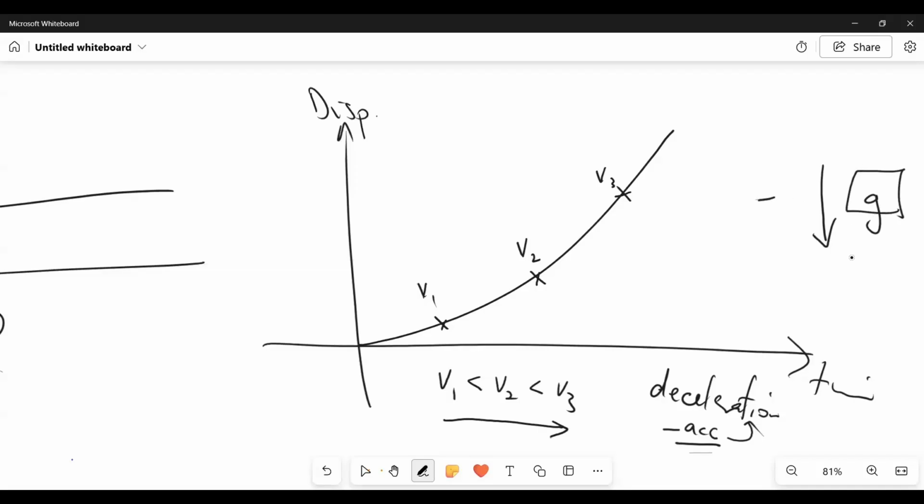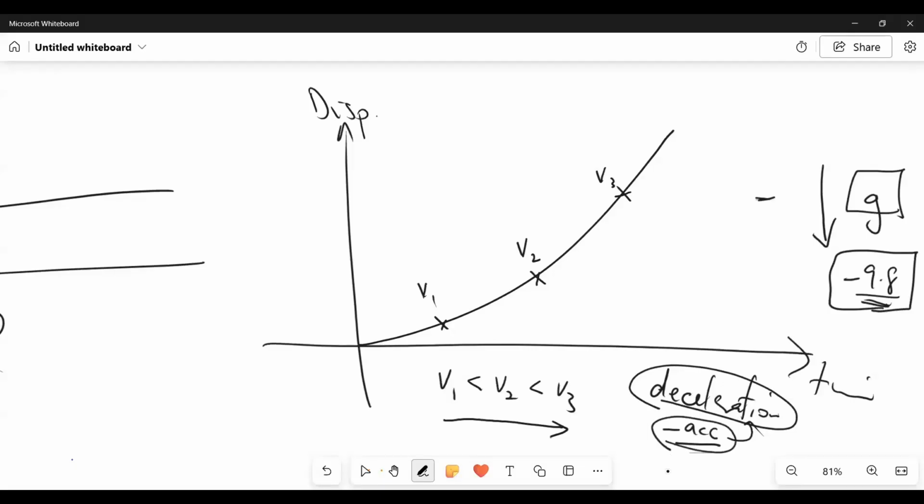If a body is moving down with minus 9.8, it's not decelerating. So in this case, negative acceleration is not deceleration. It's how you treat the upward and downward motion. But when something is slowing down, that's deceleration. And very often it shows up in the calculation as negative acceleration.